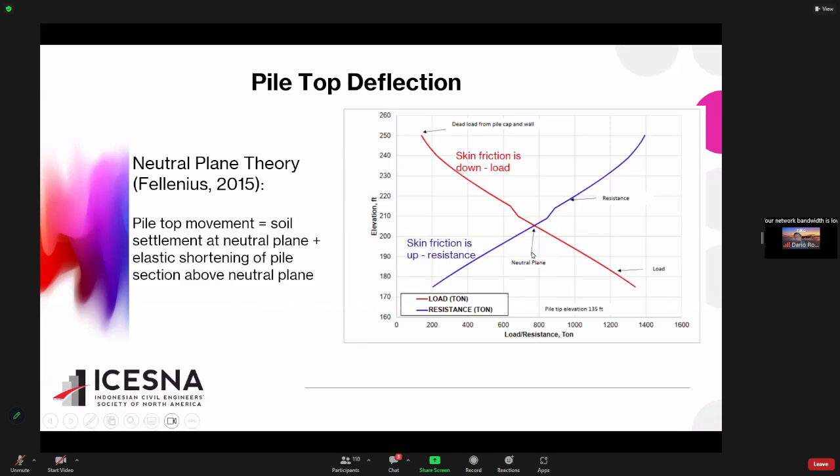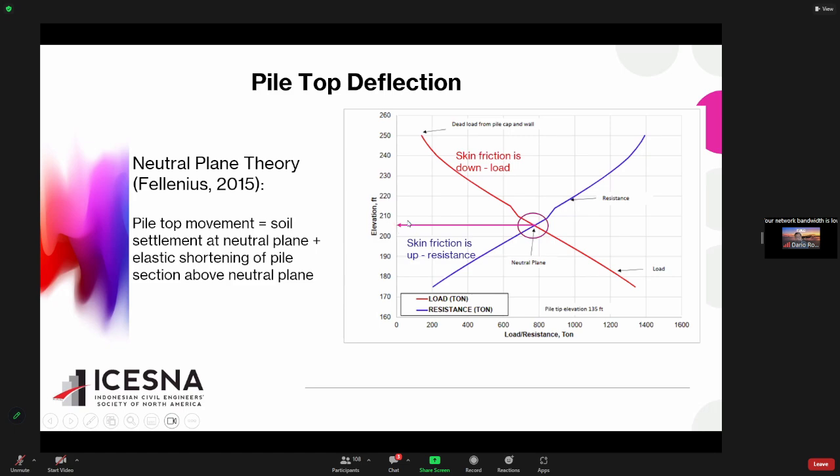So the resistance will go up as you go up toward the ground, and the load will increase as you go down from the ground. When the two curves intersect, this is what we call the neutral plane, the plane where the load is balanced, no up, no down. And from this graph you can tell my neutral plane is at elevation 105.